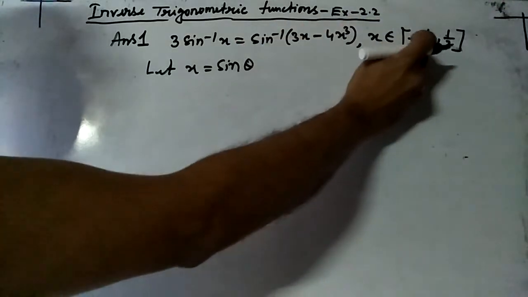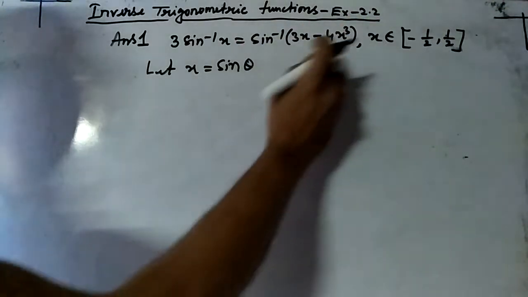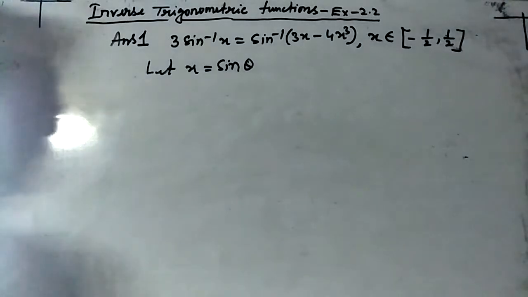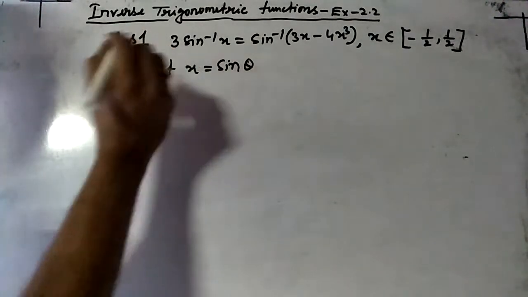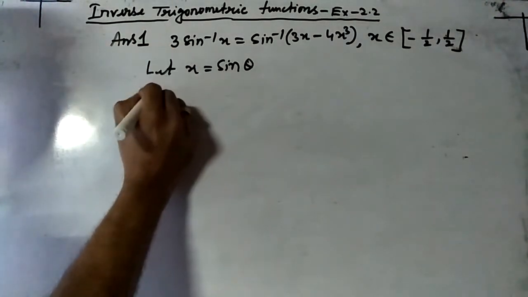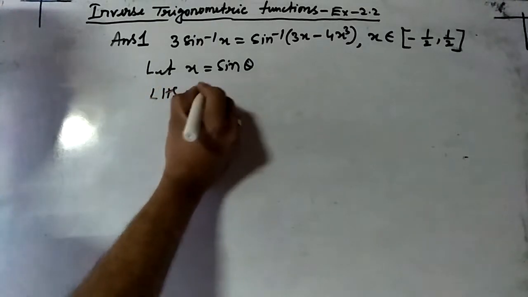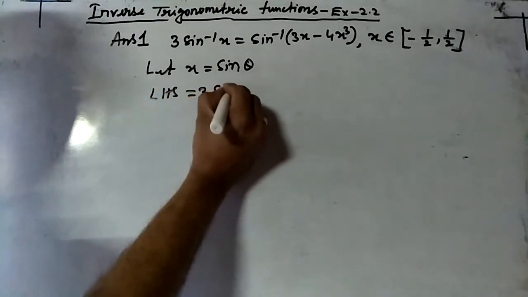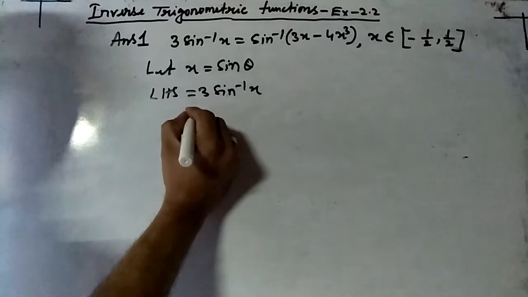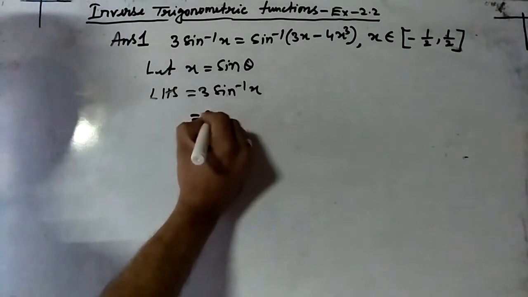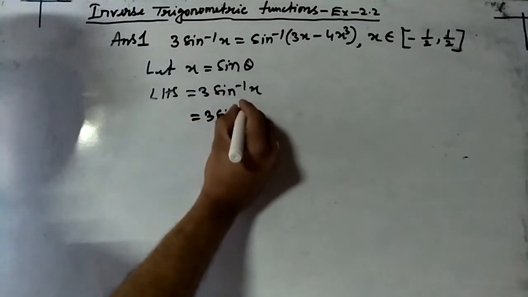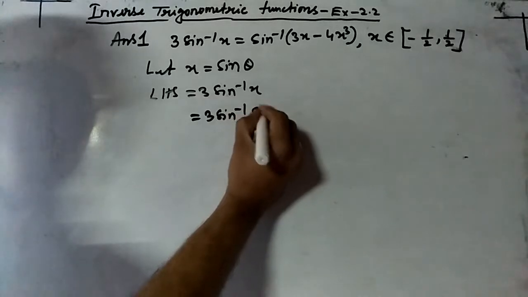If x belongs to minus 1 by 2 to 1 by 2, then theta belongs to minus pi by 2 to pi by 2. So here, LHS, 3 sin inverse x can be written as 3 sin inverse sin theta.